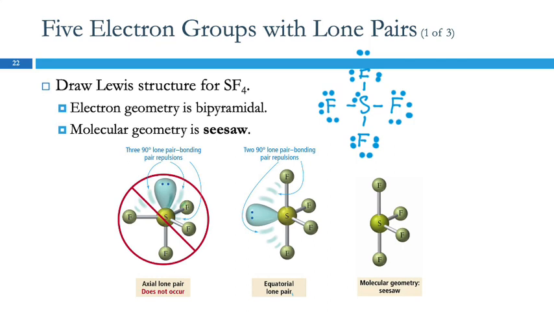They are going to go where there is the most space. So if it was in the axial position, it would have 3 90-degree repulsions with bonding pairs. Here, it's going to have 2 90-degree, and then these are 120, which is much bigger. So it's got more space.